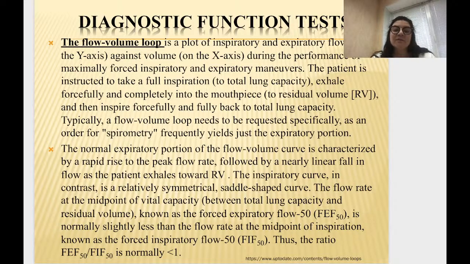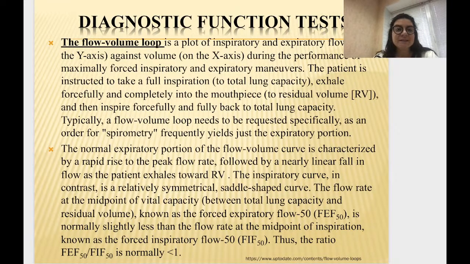Okay, diagnostic function tests. What more can we use for diagnosing bronchoobstruction? The flow volume loop is a plot of inspiratory and expiratory flow on the y-axis against volume on the x-axis during performance of maximally forced inspiratory and expiratory maneuvers.